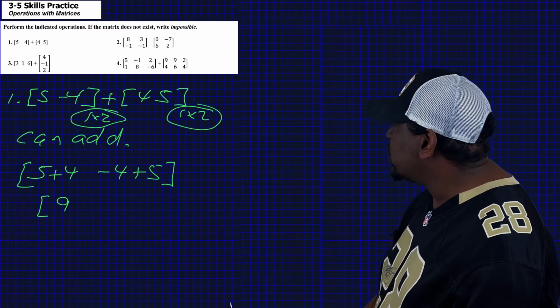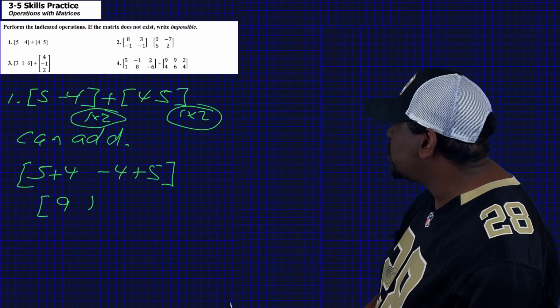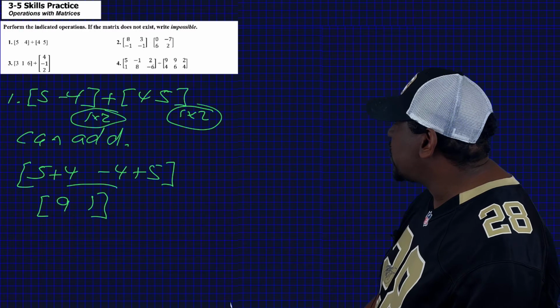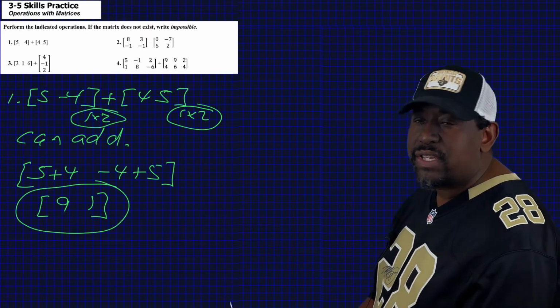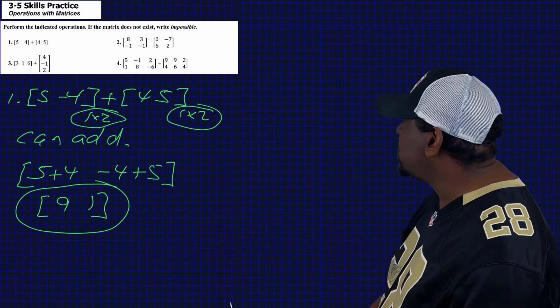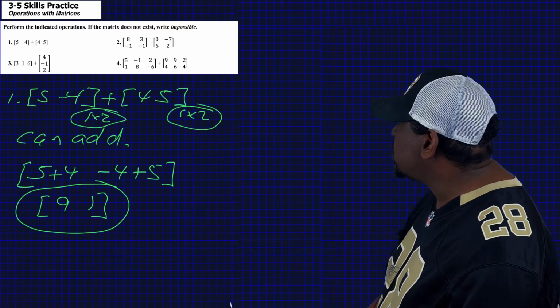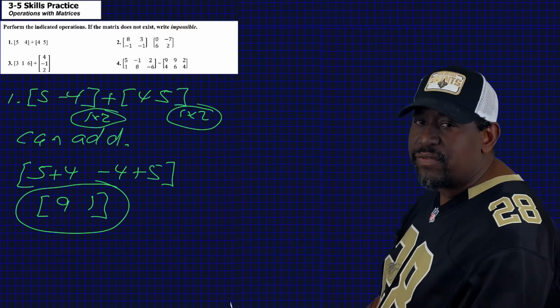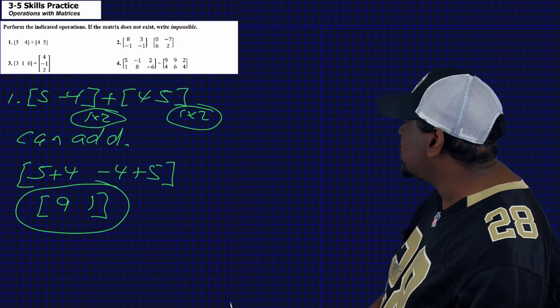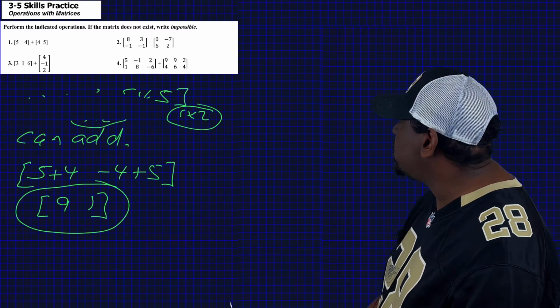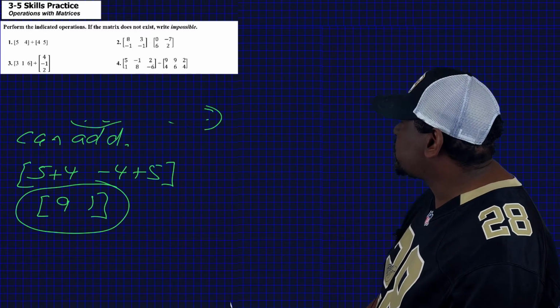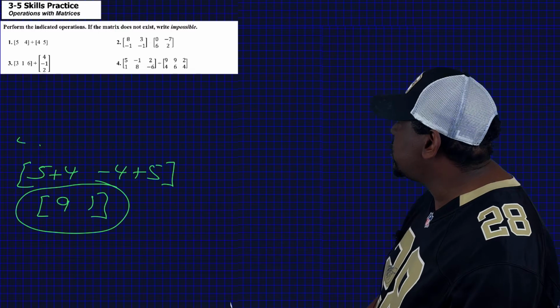That gives us a 1 by 2 matrix, and your final answer will be 9, 1. Well, not dimensions, the values will be 9, 1 in that particular matrix. So number 1 is done.